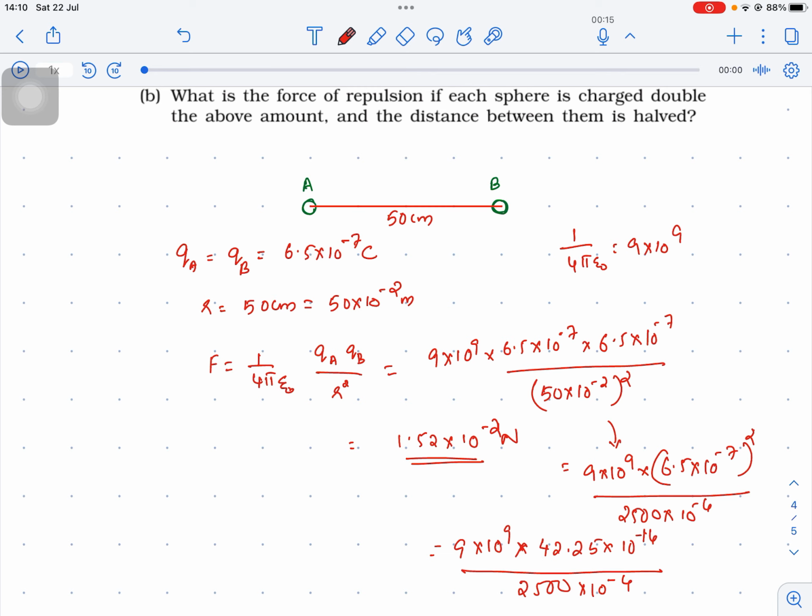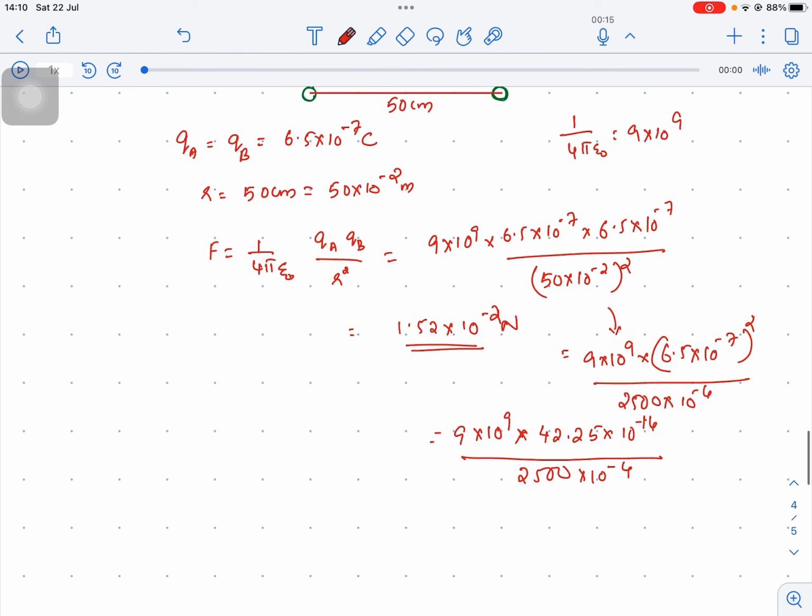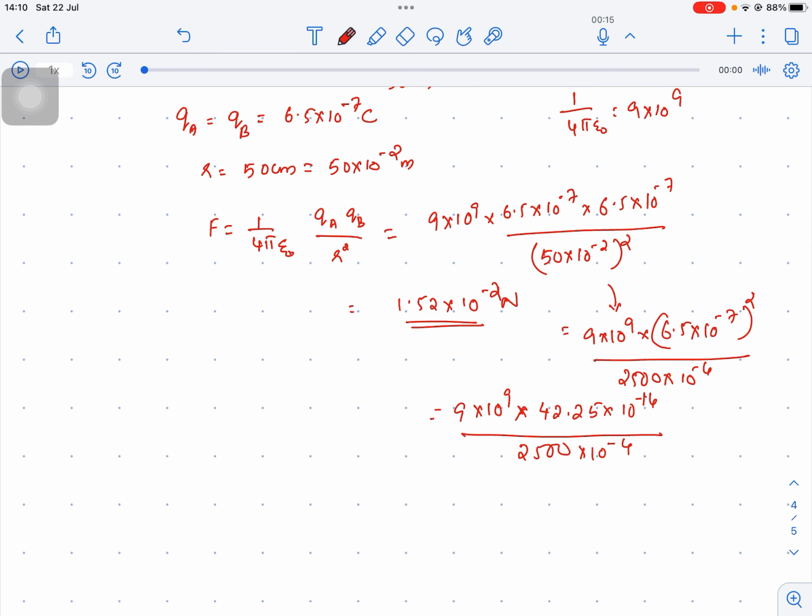So when you solve this, 10 to the power minus 4 when moved into the numerator, it is 10 to the power plus 4. So after solving those values, you will get the answer 1.52 into 10 to the power minus 2 newtons. So force will be 1.52 into 10 to the power minus 2 newton.